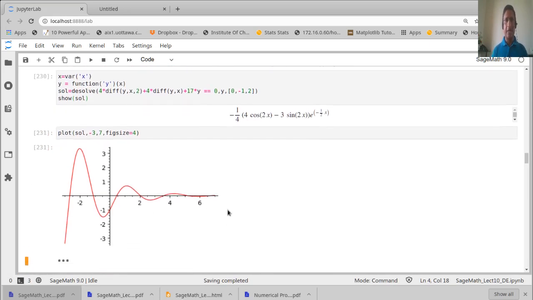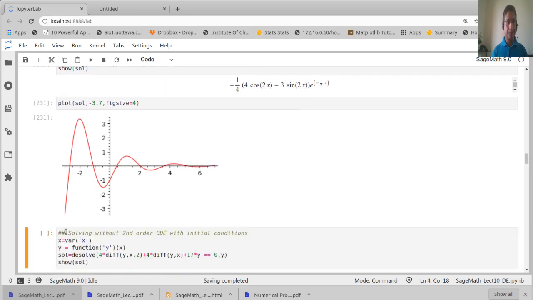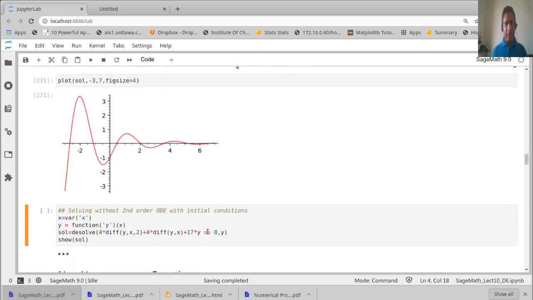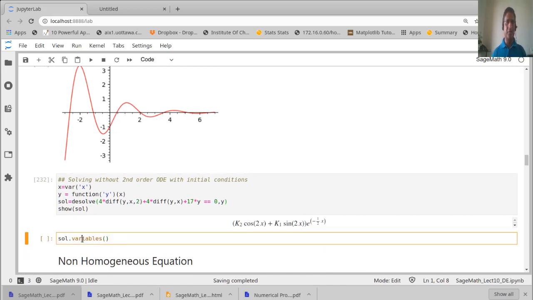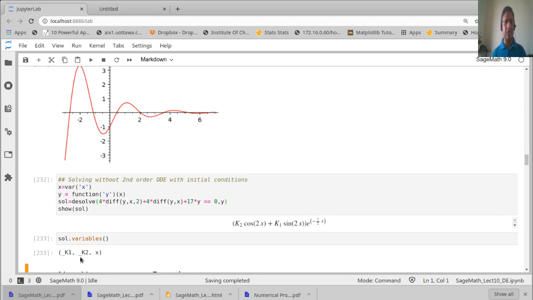Okay, but if you don't mention the initial condition, then it will give you the solution in terms of two constants k1 and k2, and again you can find out what the constants are, namely underscore k1 underscore k2.